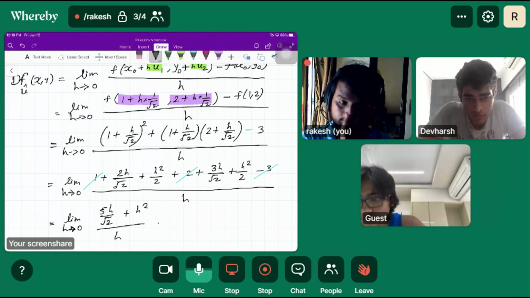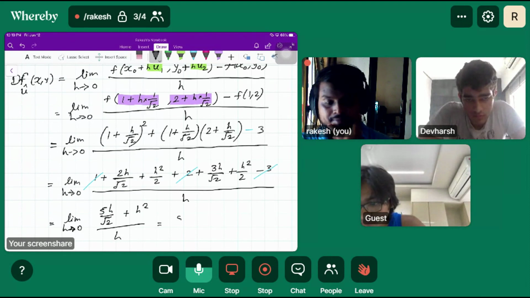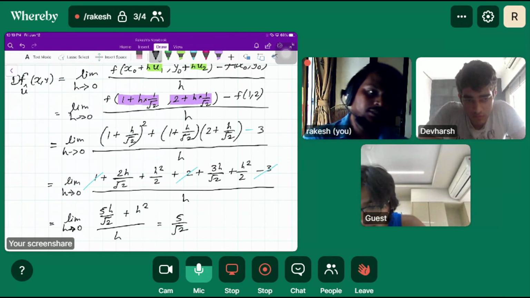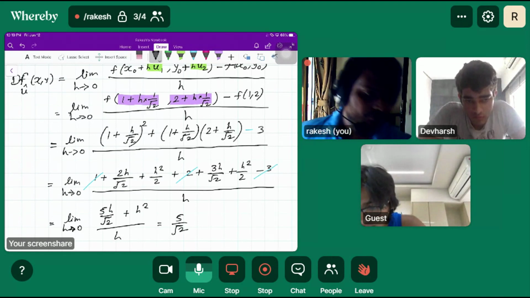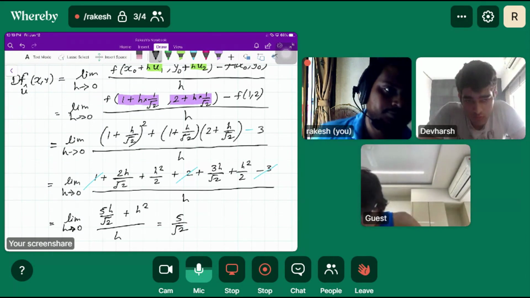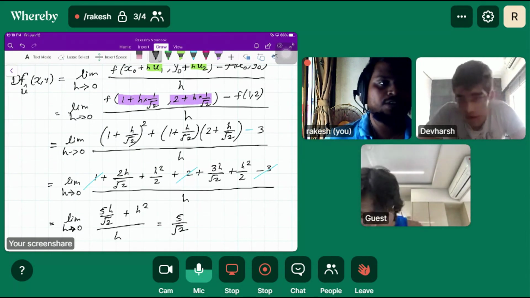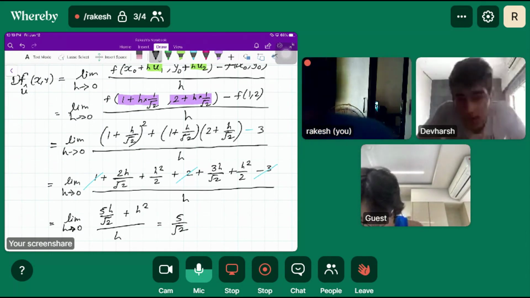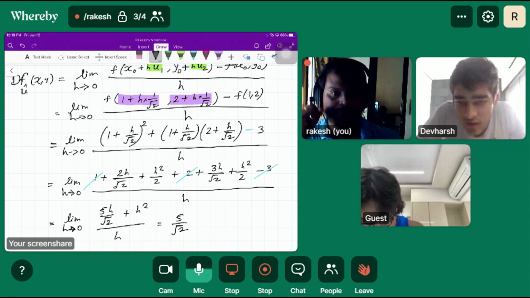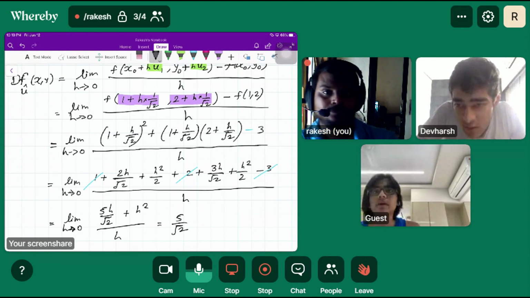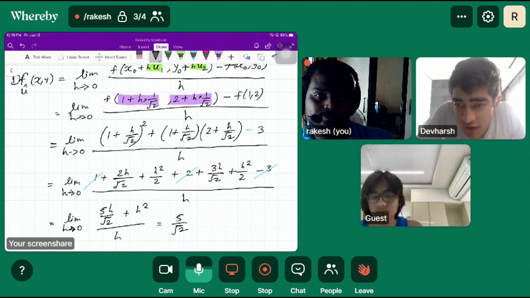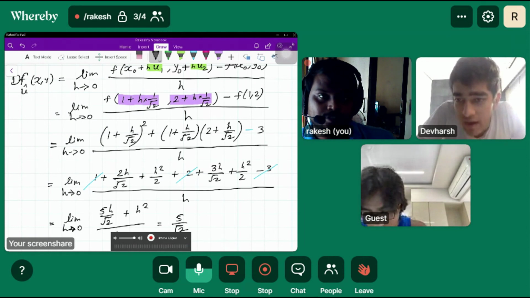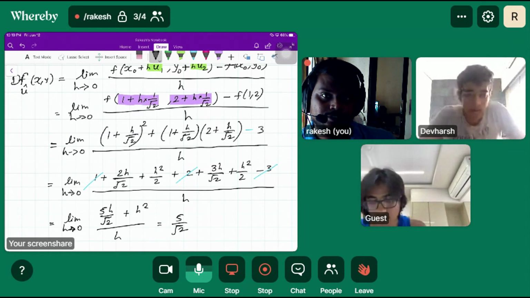Right. Is it okay there? The reason I got plus 6 by root 2 is because I forgot one term to add. Okay.